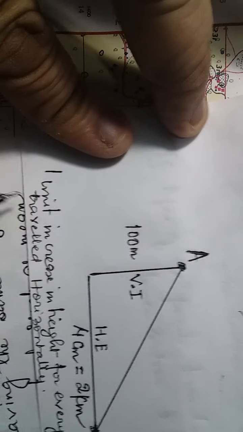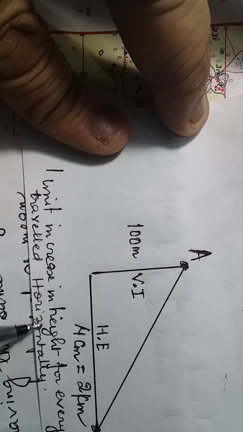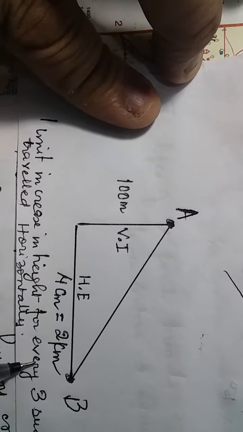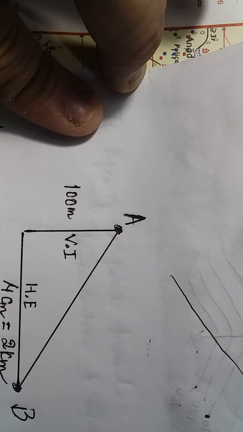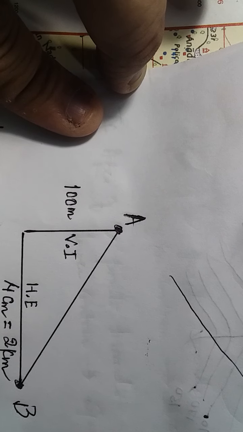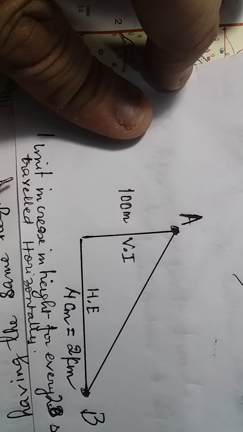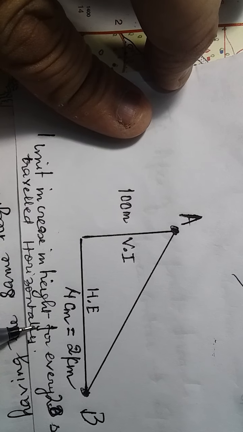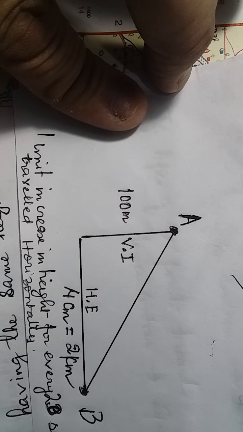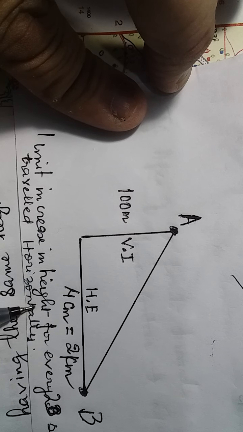So that means 1 unit increase in height for every 20 such units traveled horizontally.